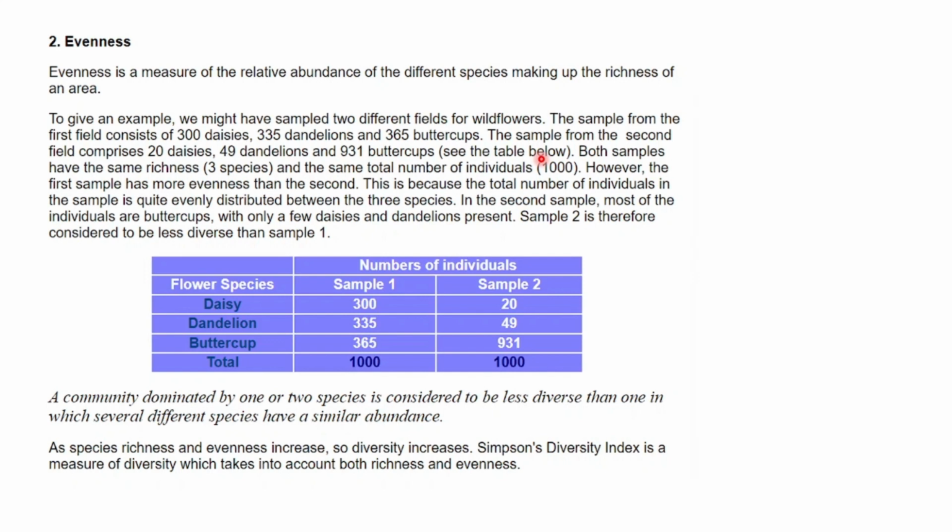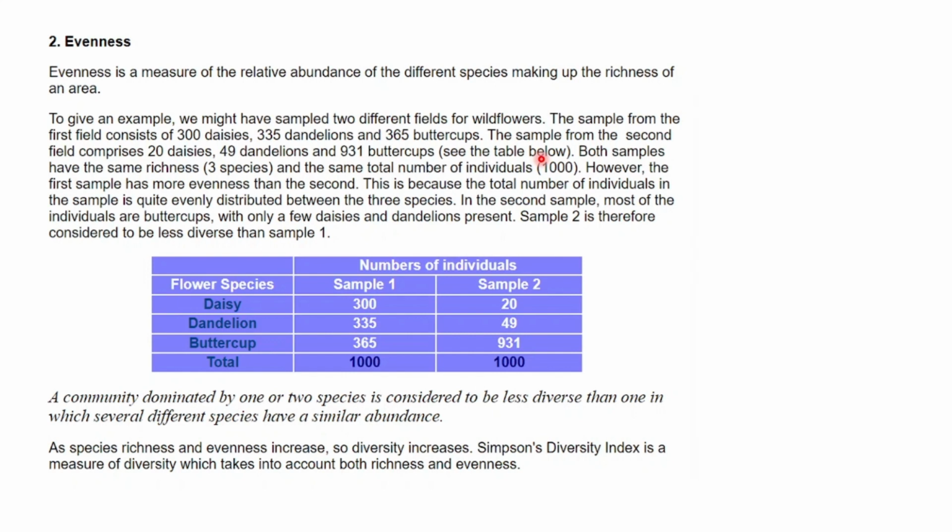So a community dominated by one or two species is considered to be less diverse than one in which different species have a similar abundance. Suppose both communities have three species. If one community is dominated by buttercups and the other two species are very few, that makes it less diverse than another community where all three species are present in approximately equal numbers.